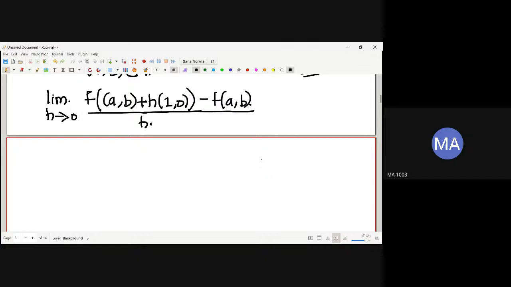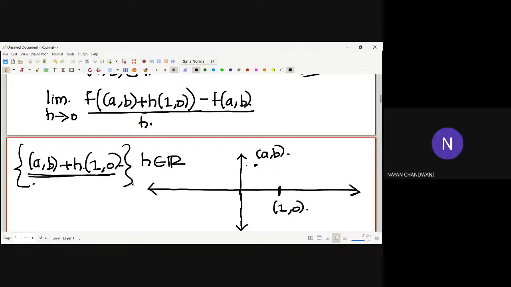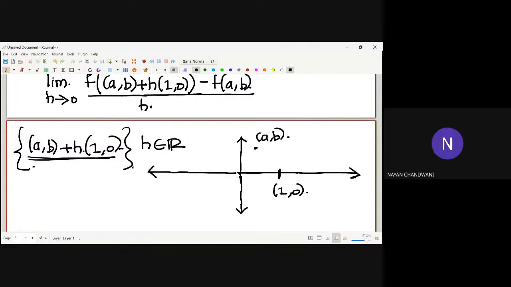Anyone? If I vary h over R, what is this? Sir, we have changed a comma b by a small value h, but only moving along x. So it's the rate of change along the direction 1 comma 0.